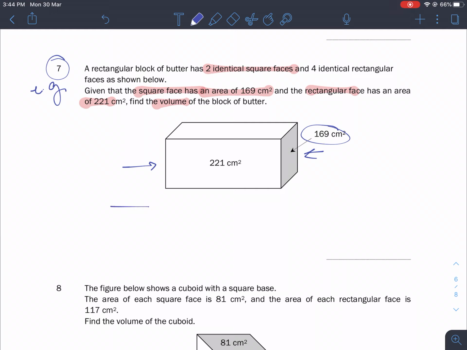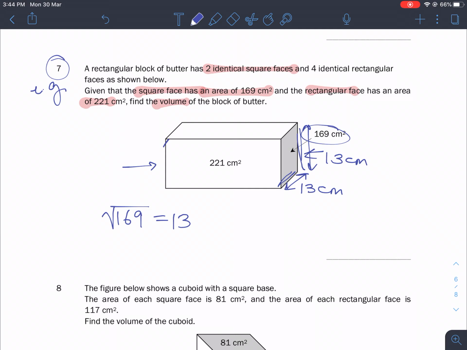So from here, we just find the square root of 169, key into your calculator, give you 5 seconds. You will get 13 cm, which means the breadth and the height, those are the 2 lines surrounding the shaded face. That will be 13 cm. So now we need to find this portion.